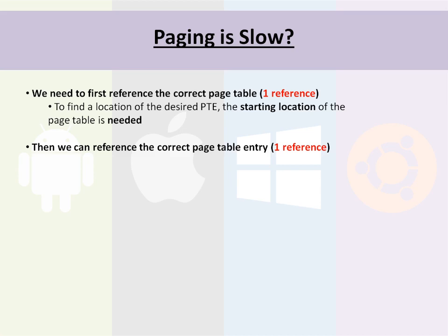What I'm saying here is that to find the location of the desired page table entry, we need the starting location of the page table for that process. Okay, so we find the page table. Then once we've found the page table, we can reference the correct page table entry. So firstly, we look for the table itself, and then we look for the entry in the table. So that is two references.